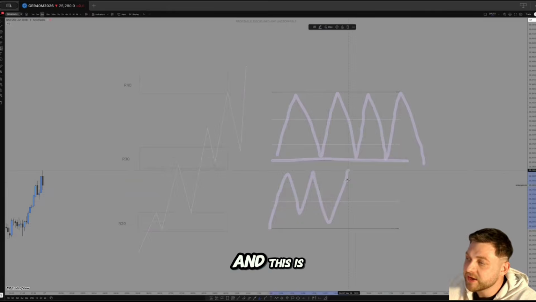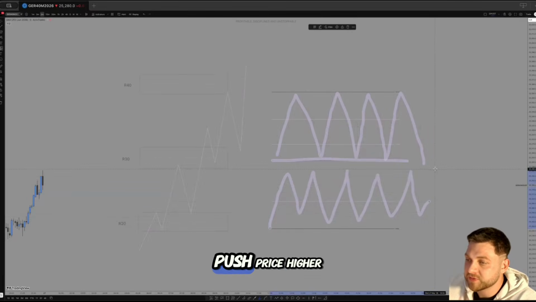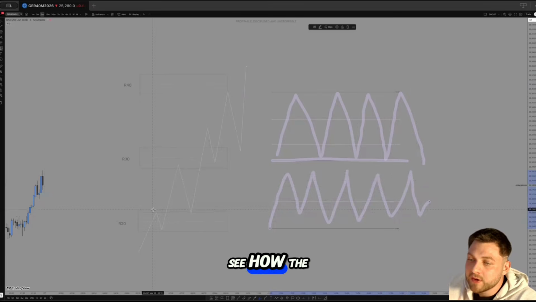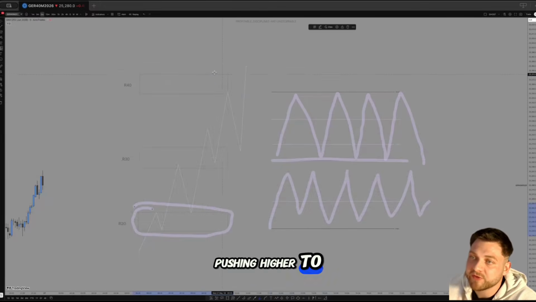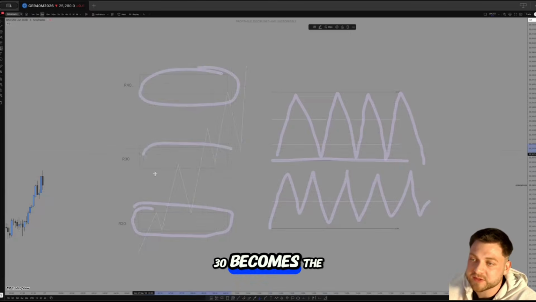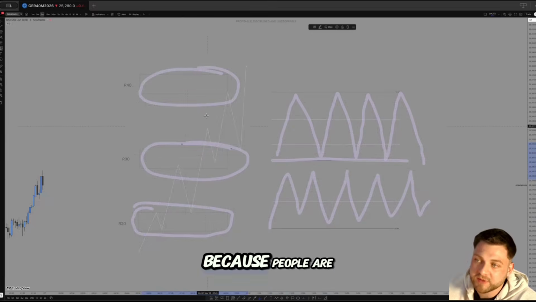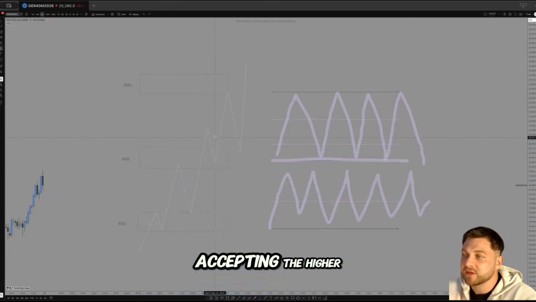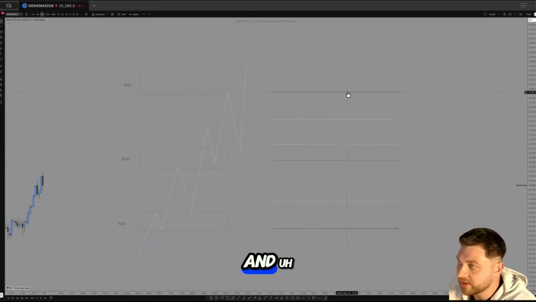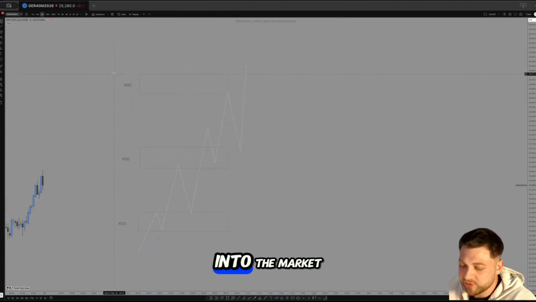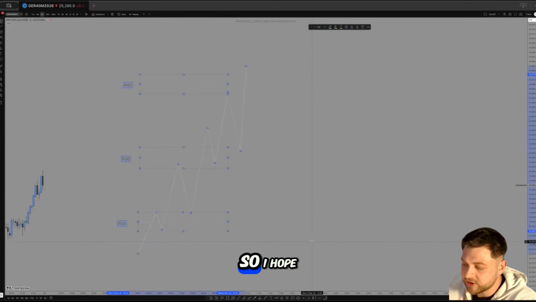This is a buyer's area, and this is where you want to be buying to push price higher. So you can see how the low price was the discount, but in the future, with price pushing higher to 40, 30 becomes the new discount, because people are now accepting the higher prices as a lower price to buy and average your way into the market. Okay, so I hope that makes sense.